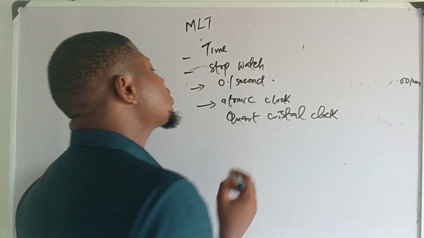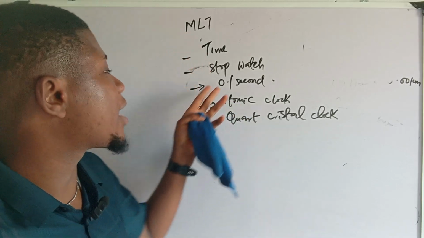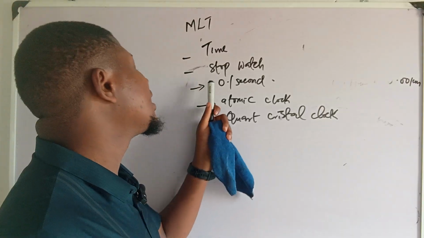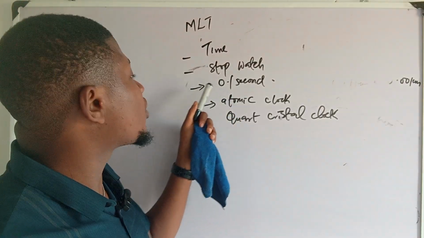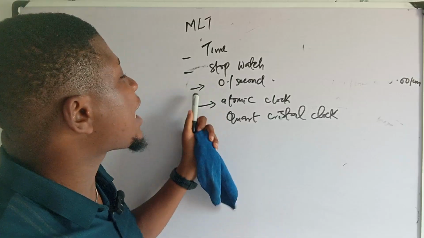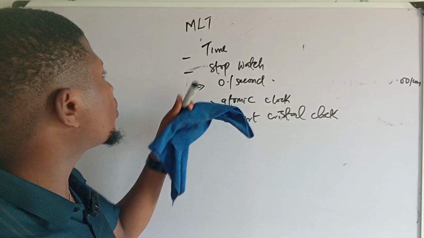These measure time more accurately than the stopwatch. But the common one we use in our area is the stopwatch. So the reading accuracy, or smallest graduation, is 0.1, which means the least possible error is half of 0.1. Okay, I think we are done with time.